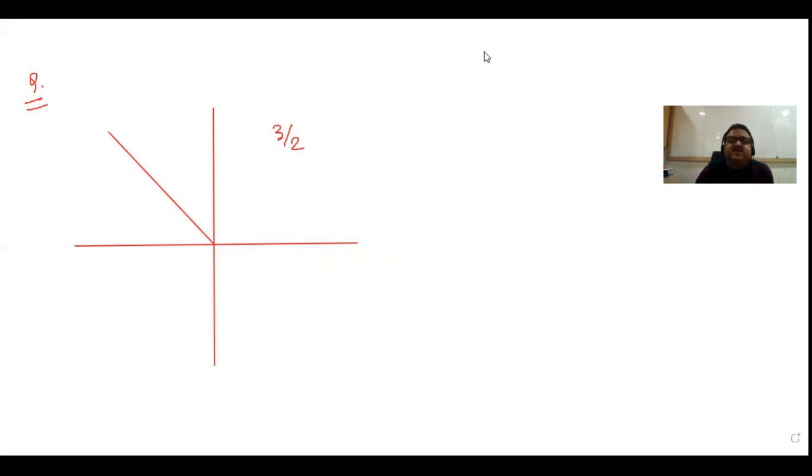Instead of that, it is given that I is, say for example, 30 degrees, and R is given as 45 degrees. Clear?